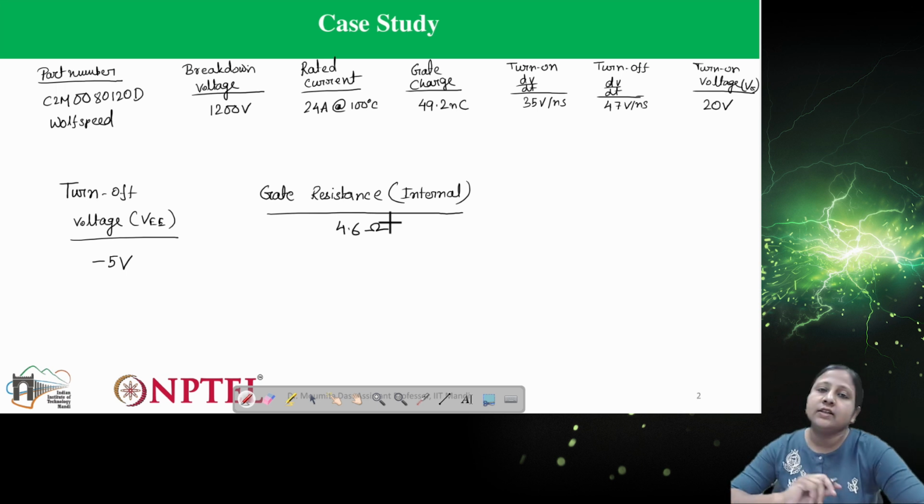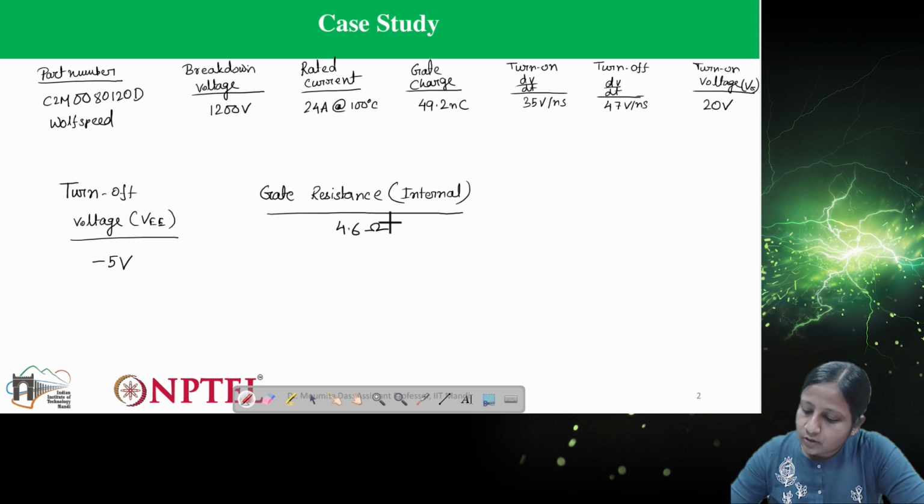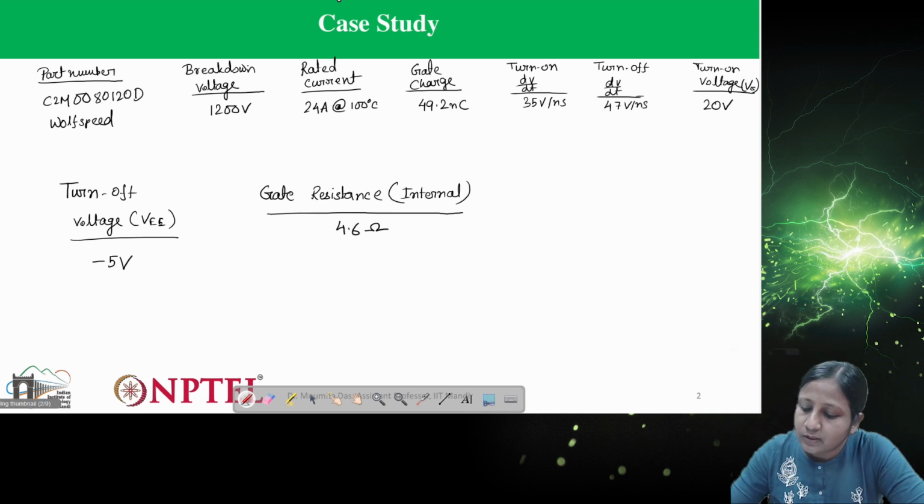So these are the required parameters we need for designing the gate drive. You can write down all these parameters, or if the device is different, open the data sheet and take all the associated parameters for that particular device, then follow the same procedure.